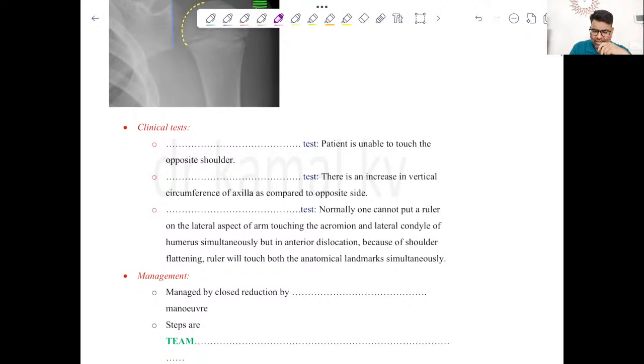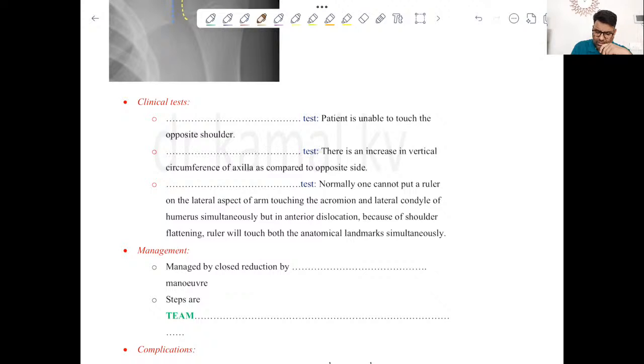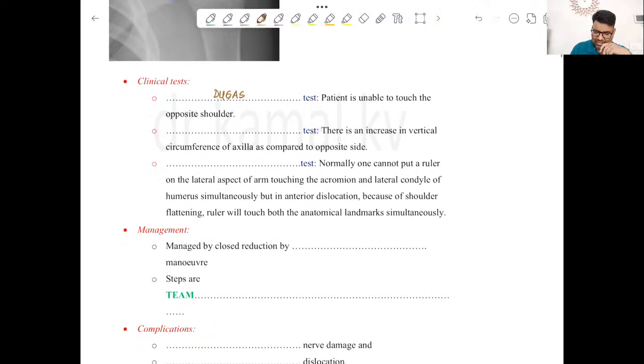Now there are certain clinical tests which you should remember. One is the Dugas test. Normally when there are movements at the shoulder joint, we can touch the tip of the opposite shoulder with the fingers. But if there is shoulder dislocation, then touching the tip of the opposite shoulder is not possible, and that is the Dugas test, right?